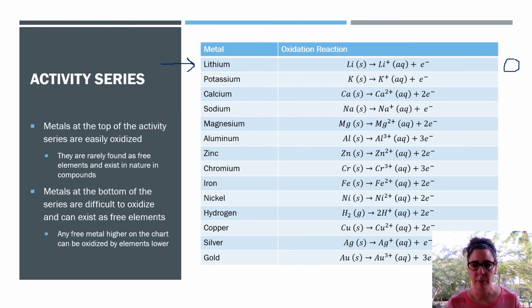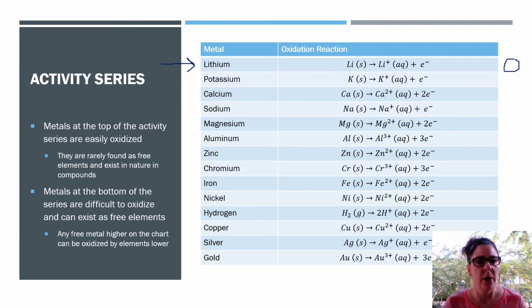So those ones at the bottom are the opposite. They're very, very difficult to oxidize. So what this means is you're going to find them typically in their free element state. This doesn't mean that they're not ever found in compounds. They are, but it's really difficult to oxidize them. So they're at the bottom of the list.